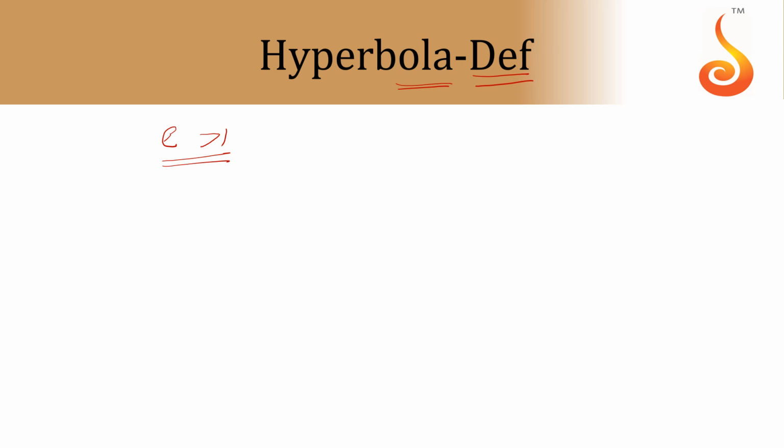And a very important thing here: if the point lies inside, S11 will be greater than 0. If the point lies on it, S11 will be 0. If the point lies outside, S11 will be less than 0. That is about hyperbola. So let us discuss hyperbola with the help of ellipse formulas quickly.